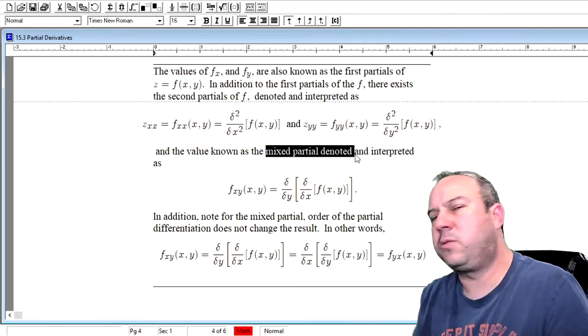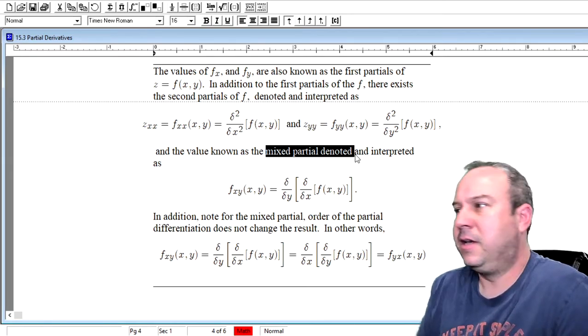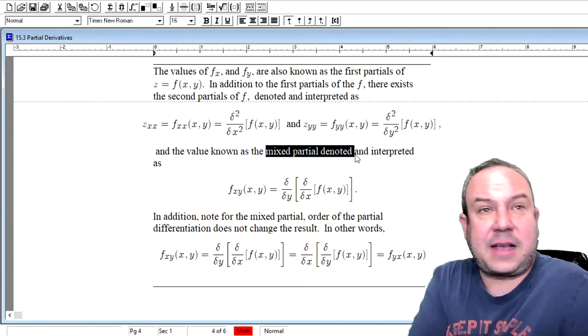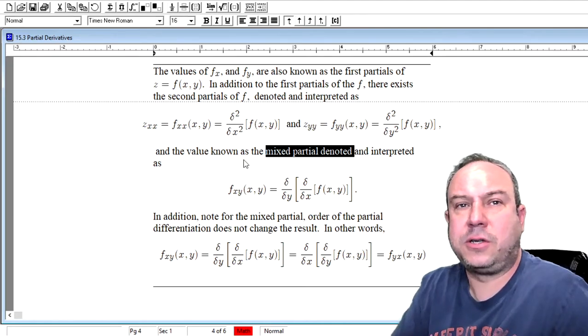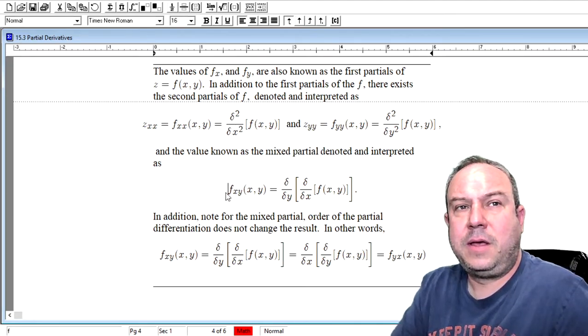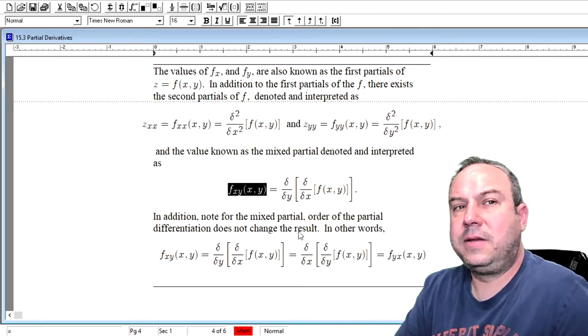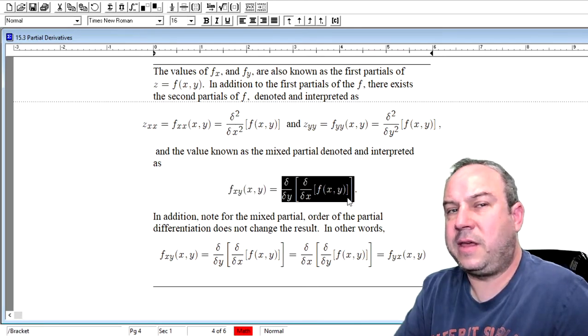You're taking it twice with respect to two different variables, the two independent variables on our function, x and then y, or y and then x, right? And that's known as the mixed partial, right? It is highlighted this way. Right? Which does mean take the partial with respect to x first and then y.